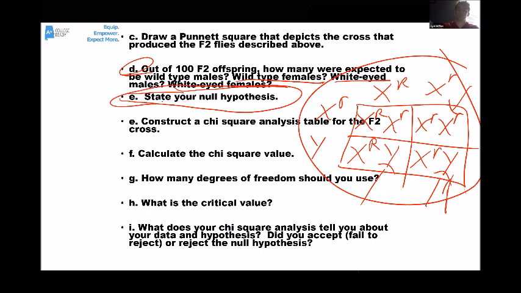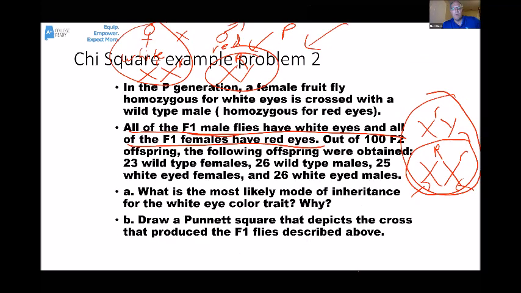Next, we got the null hypothesis. So we're expecting 25 of each. But if we back up a slide, we don't have exactly 25 of each, right? We got 23, 26, 25, 26. In the real world, are you going to get 25, 25, 25, 25 every time? Is that what the Punnett square means?